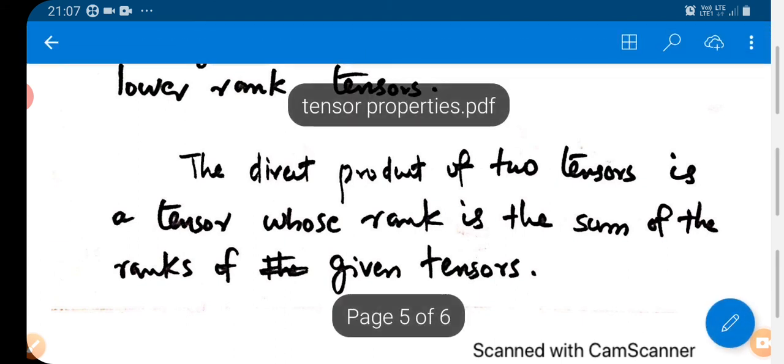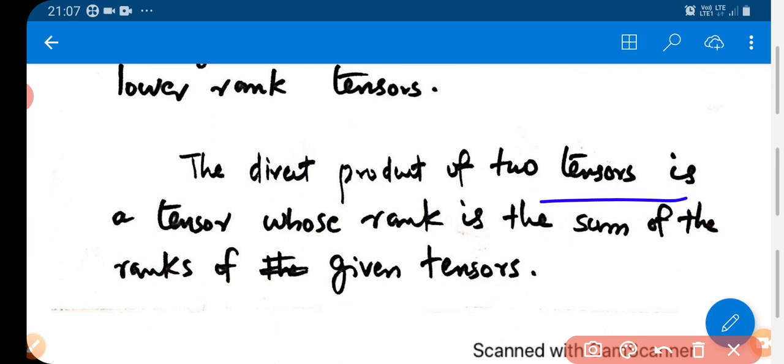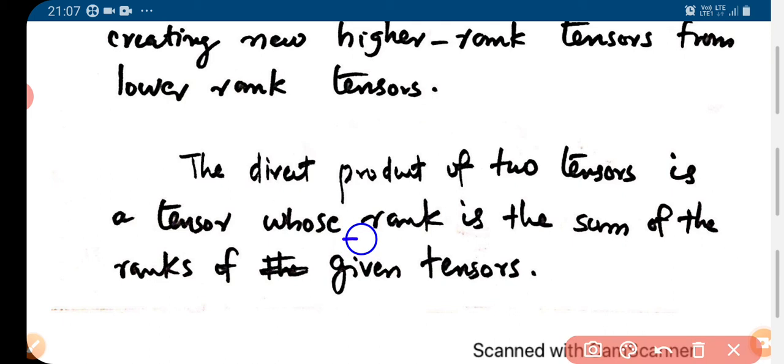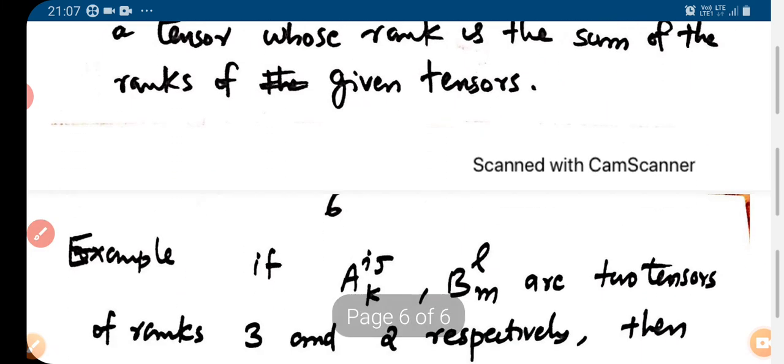The direct product is a tensor whose rank is the sum of the ranks of the given tensors. When you take the product of the tensors, you will be getting a new tensor which has a rank which is the sum of the ranks of the given tensors.